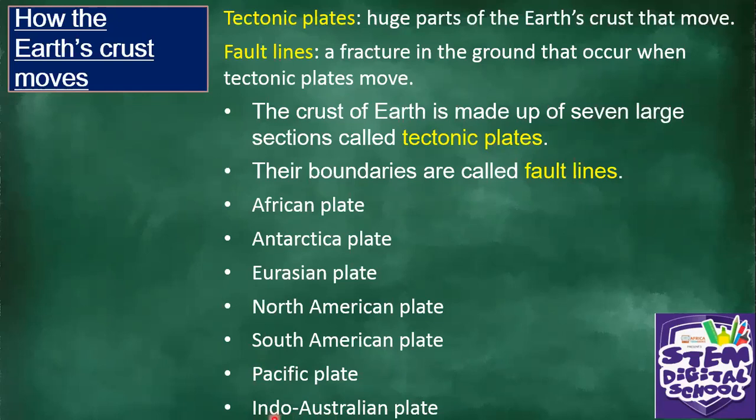This is a combination of India and Australia plate. So those are the 7 large tectonic plates. There are also other small ones, but these are the large ones.